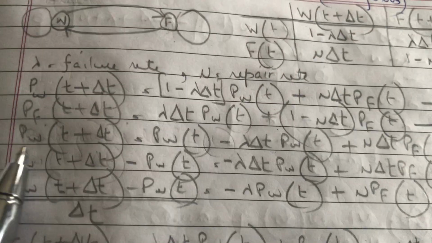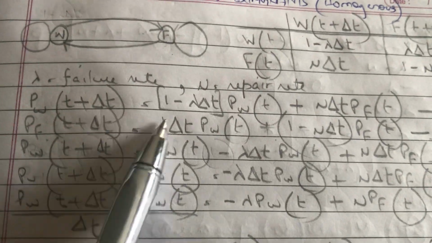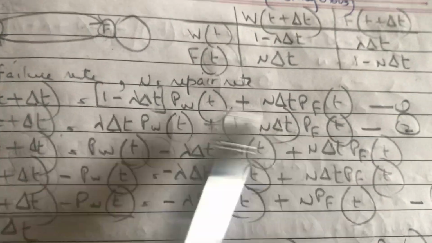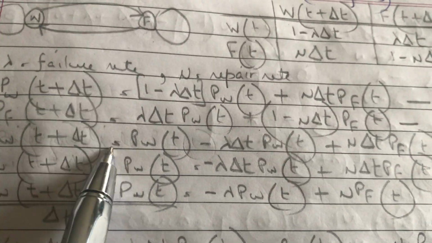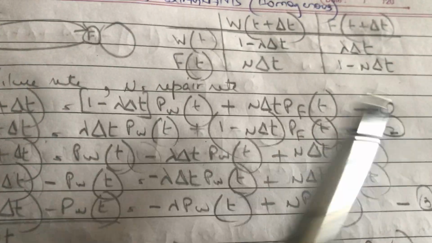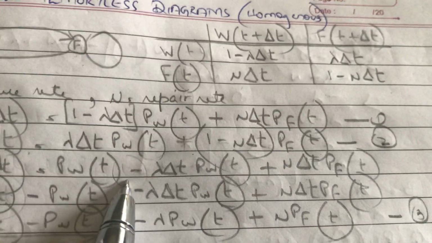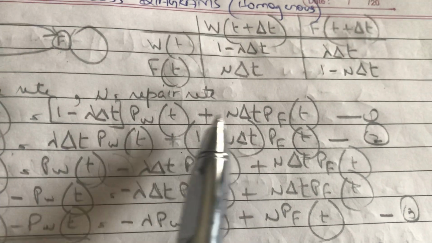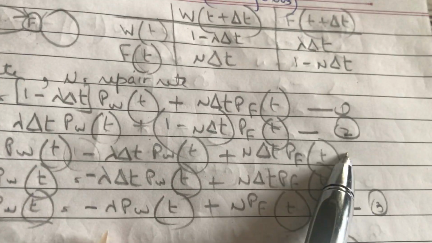Now the next step: we see that this is multiplying, so we do the simple multiplications. We wrote it like this. We are working on equation 1: PW of t minus lambda delta t PW of t plus mu delta t PF of t.